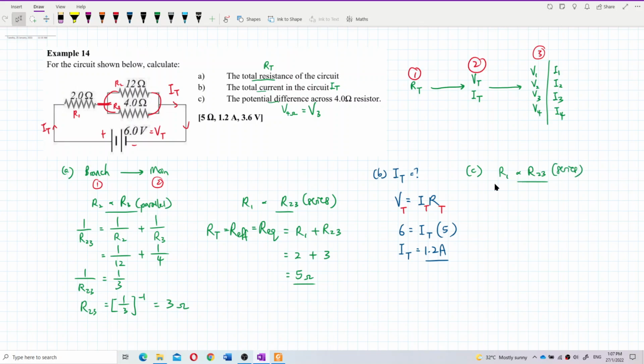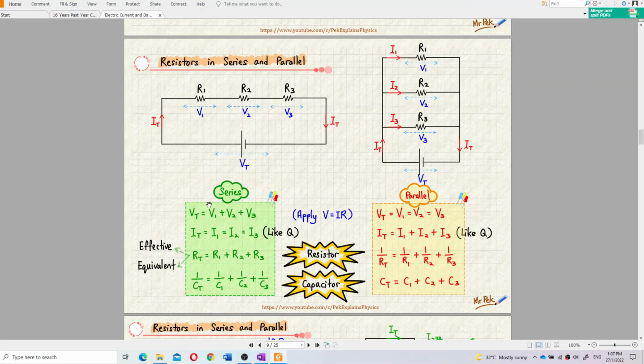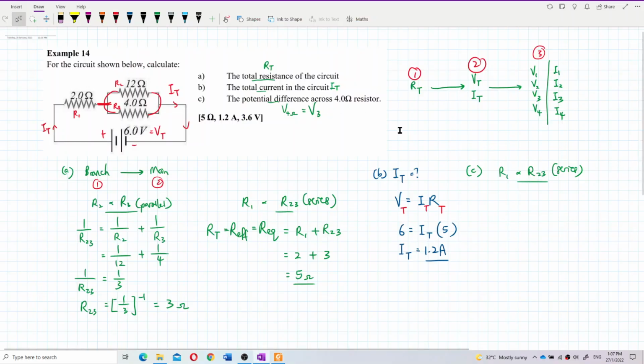Okay, series circuit means they have the same current, the current passing through all the resistors. So R1 and R23 are in series.